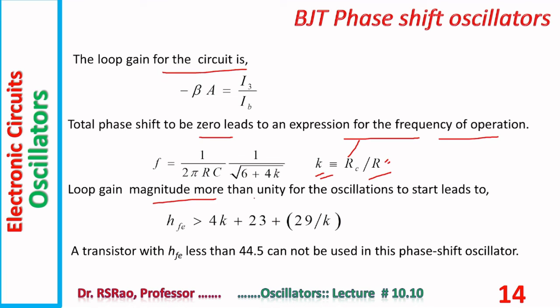Loop gain magnitude more than unity for oscillations to start leads to HFE more than 4K plus 23 plus 29 by K. So a transistor with HFE, current gain, short circuit current gain less than 44.5 cannot be used in this phase shift oscillator.